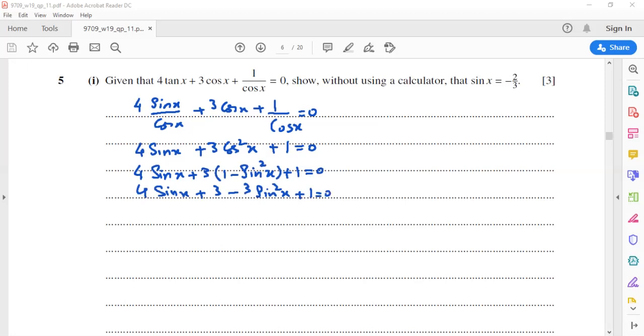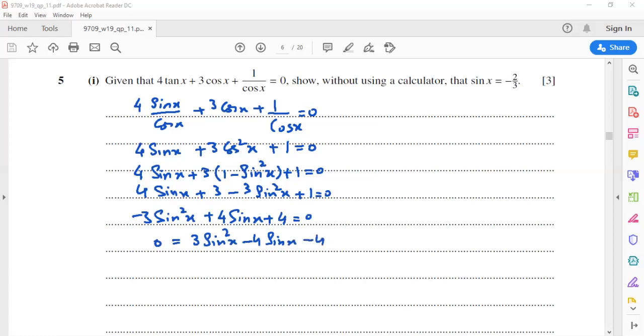When you simplify the whole of this, it's going to be minus 3 sin square x plus 4 sin x plus 4 equals 0. So let's shift everything to the other side so that 3 sin square x becomes positive: 3 sin square x minus 4 sin x minus 4.